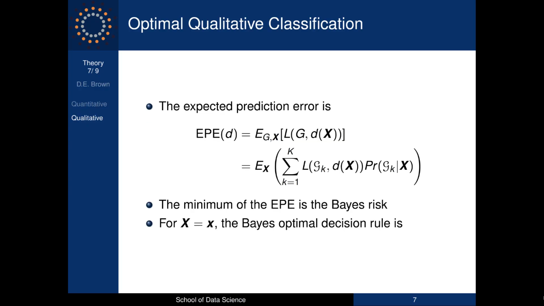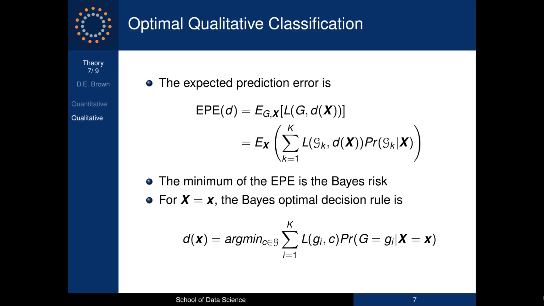And the minimum of this expected prediction error is again Bayes' risk. For any particular value that we see in our predictor variables, the Bayes optimal decision rule is going to be given by the decision that minimizes this expected loss. And that's what this says.